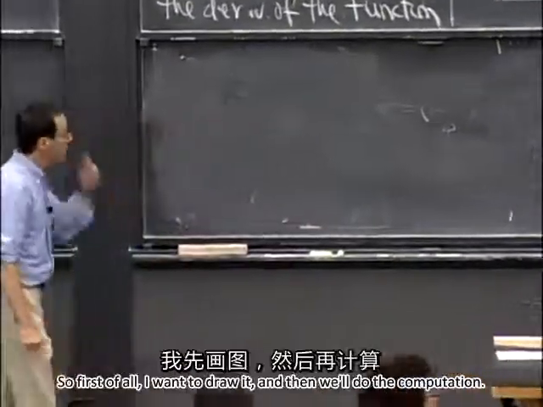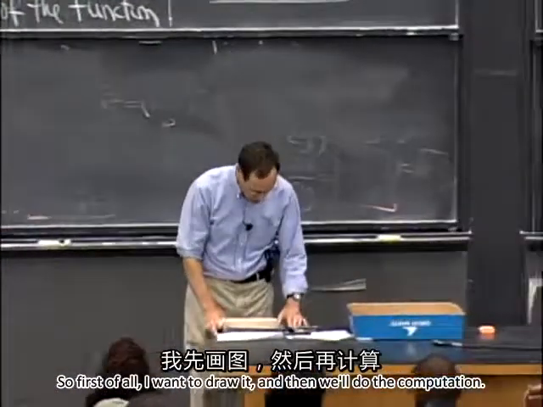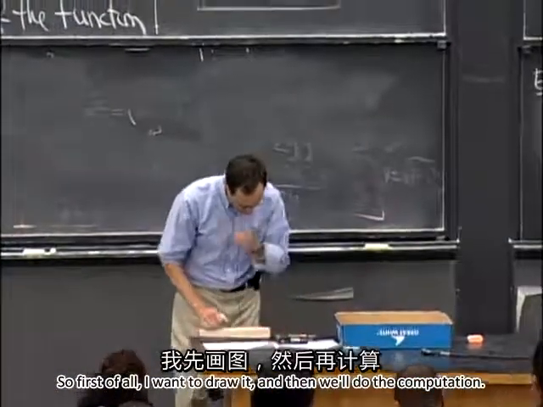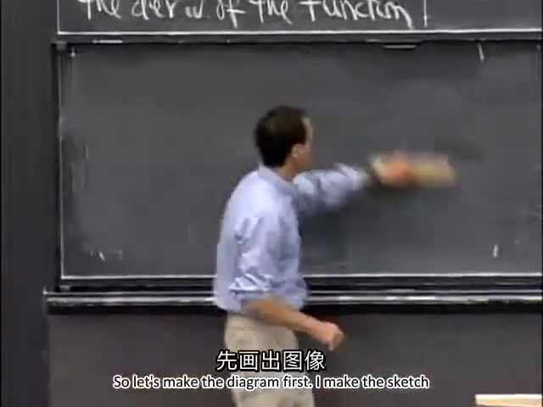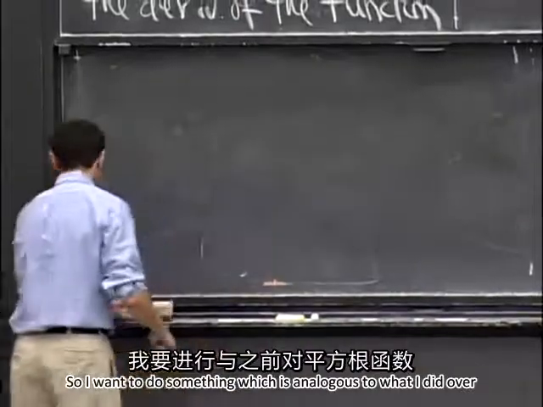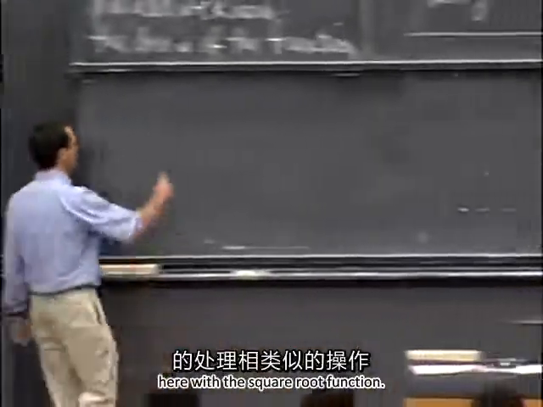All right. So first of all, I want to draw it, and then we'll do the computation. Okay? So let's make the diagram first, make the sketch. So I want to do something which is analogous to what I did over here with the square root function.